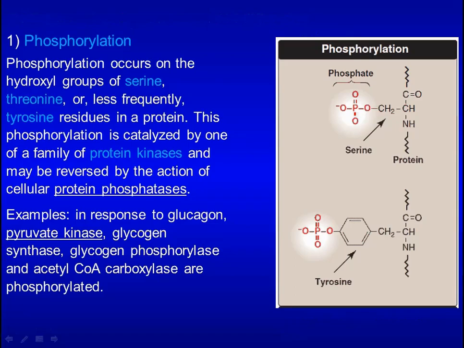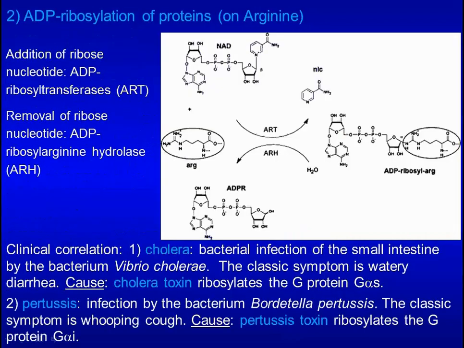As I mentioned to you in Chapter 1, phosphorylation occurs on serine, threonine, or tyrosine, and this reaction is catalyzed by protein kinases. ADP-ribosylation is the addition of a ribose nucleotide on arginine of a protein. This reaction is catalyzed by a transferase.